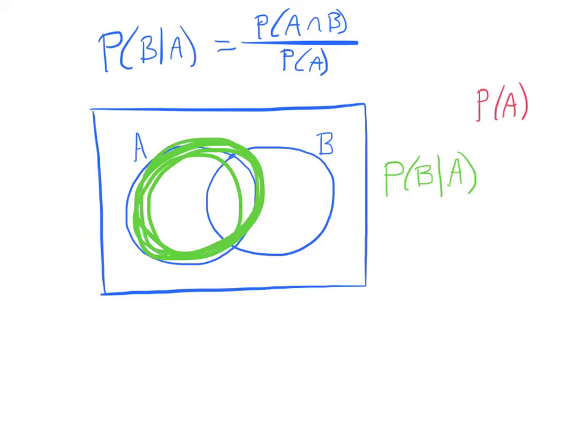B given A means I'm inside that A circle. That is my everything. The probability of A has already happened. Now that I'm inside of that region, where can B possibly happen? If I've restricted myself to being inside of A, for B to happen, it has to be right here.